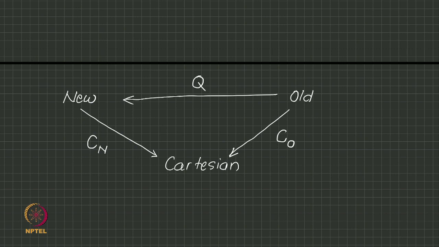So, we now have three bases: the old crystal basis, the new crystal basis, and in between a Cartesian basis. C old transforms from old crystal to Cartesian, C new transforms from new to Cartesian, and Q transforms from old to new.